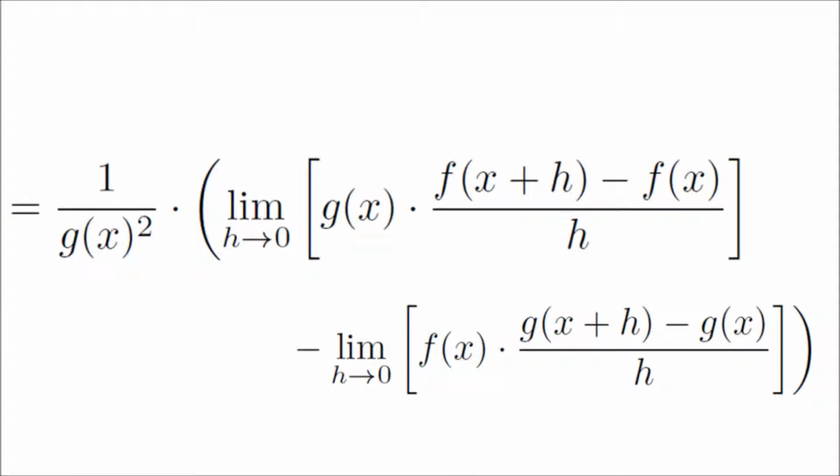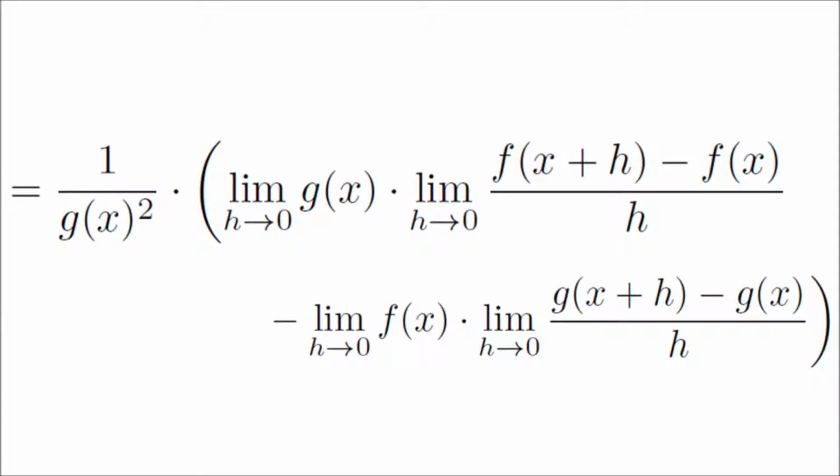Now we can factor g of x out of the numerator of the left fraction and f of x out of the numerator of the right fraction, and write the current expression as so. Now we can use the product law of limits, which states that the limit of a product is the product of the limits, and write the expression as so.